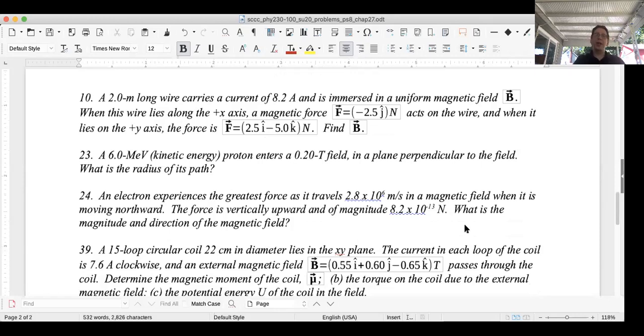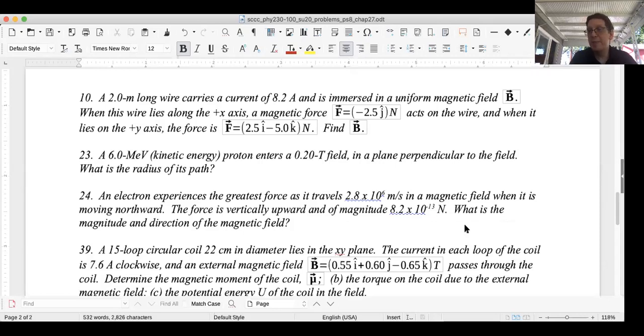Number 24, an electron, remember an electron is a negative charge, experiences the greatest force as it travels 2.8 times 10 to the 6 meters per second in a magnetic field when it is moving northward. So we know the maximum force occurs when the electron is moving northward.